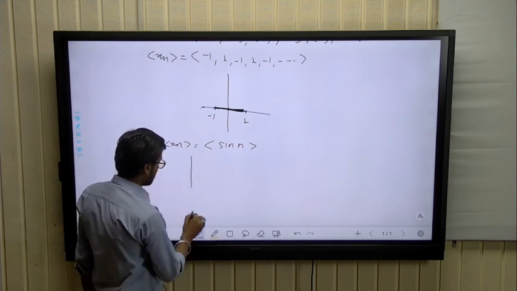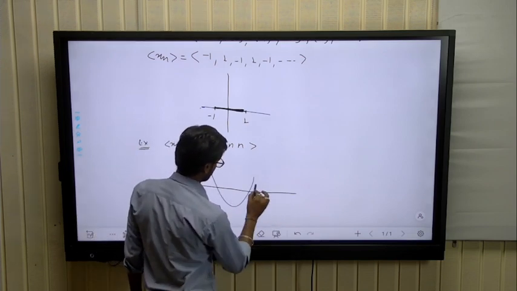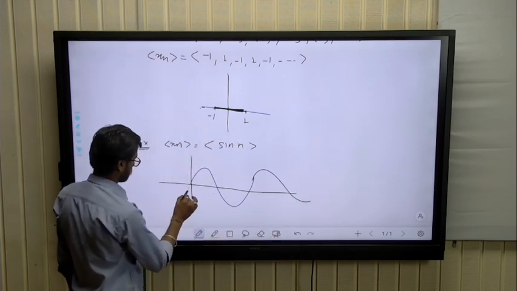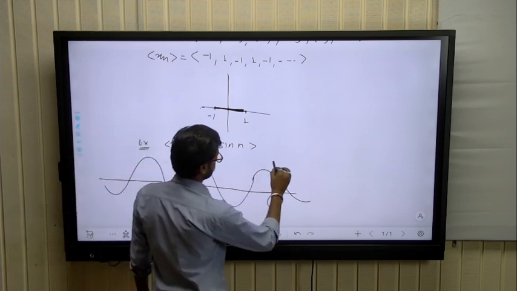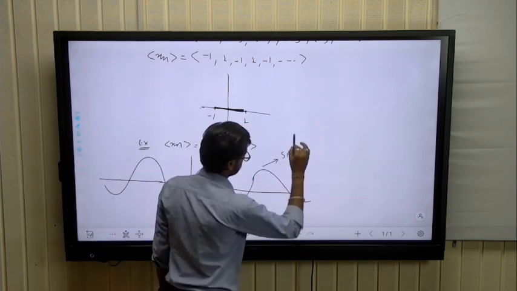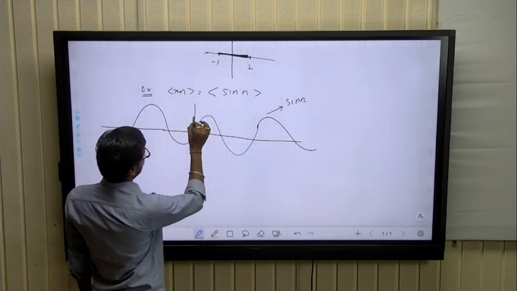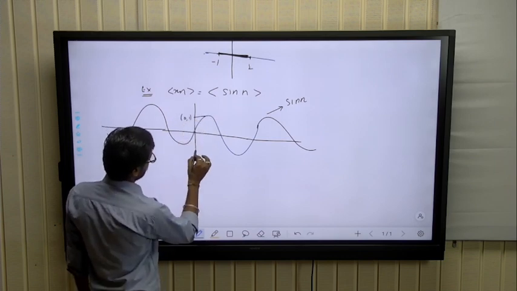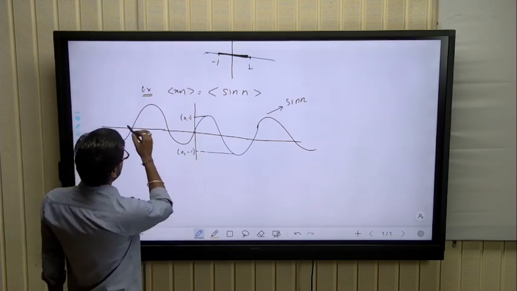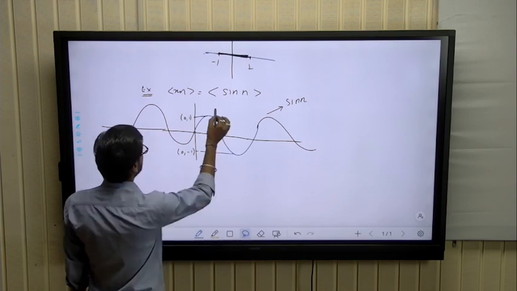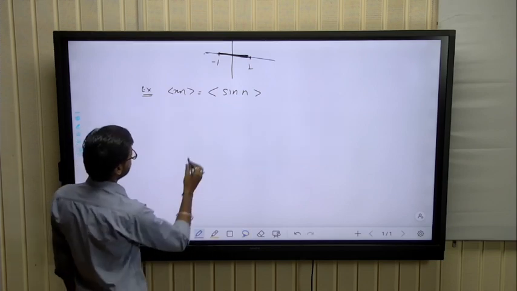We all know the graph of sin x is this. Here we notice that the highest value of sin x is 1, the lowest value of sin x is minus 1. I draw the graph carefully because I see one thing in the graph.